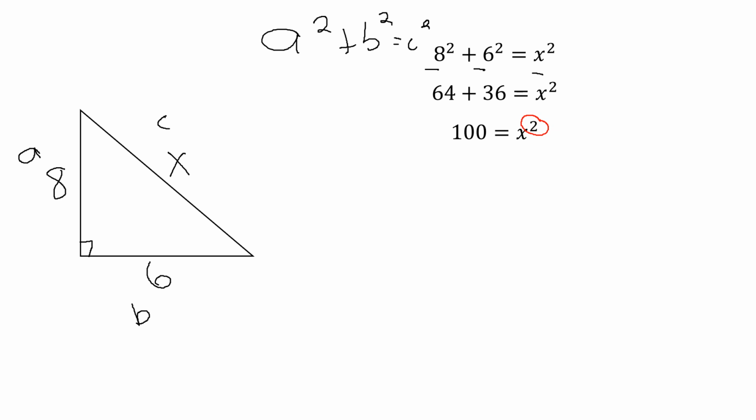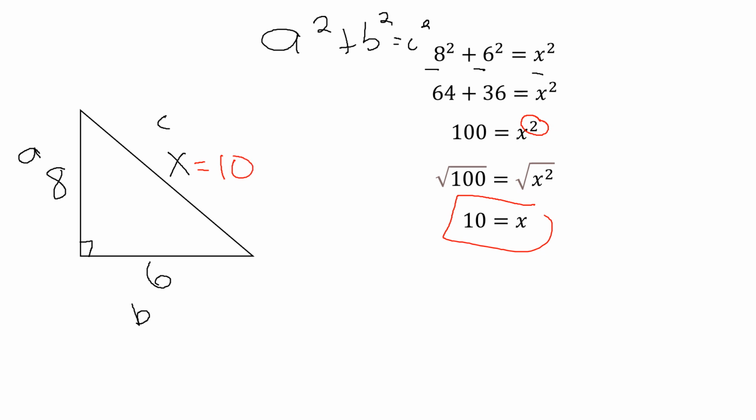And the inverse of squaring is square rooting. So you're going to square root both sides. And obviously the square root of 100 is 10. And the square root of x squared, remember squaring and square rooting are opposites. They undo each other. So you have 10 equals x, and that is it. So that means the length of this leg is 10.